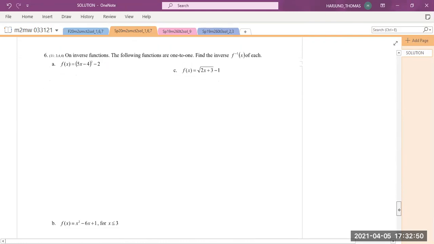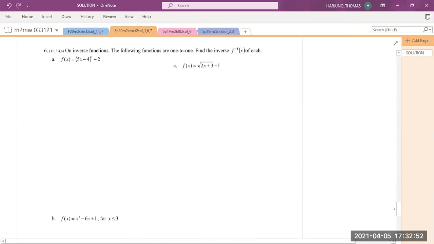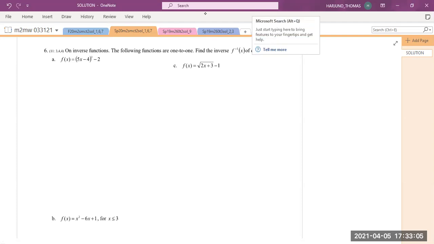Okay, this is number 6. Let me ask you to try part A and part B. If you have a chance to go to part C, go ahead. But let's take a 10 minute break plus 10 minutes to do as much as possible from this number 6.